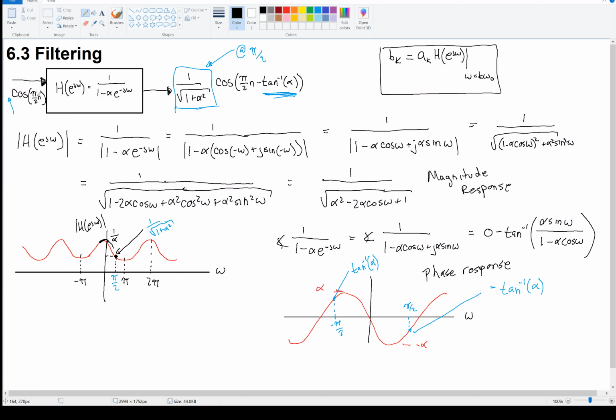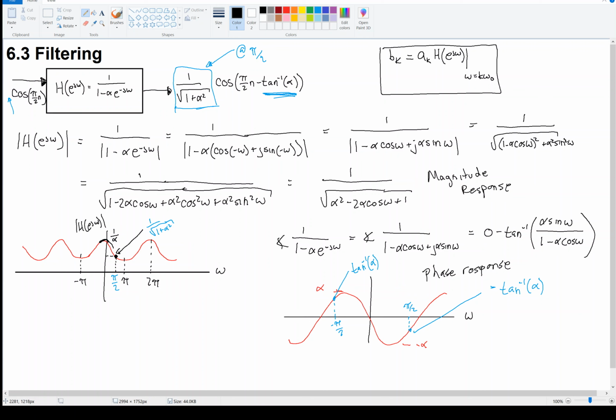And remember, the cosine has the first harmonic, pi over 2, and the negative first harmonic, minus pi over 2. And that's why we have the inverse tangent of alpha. So this frequency response is proving to be very important. And again, remember, the frequency response can be partitioned into the magnitude response and the phase response.